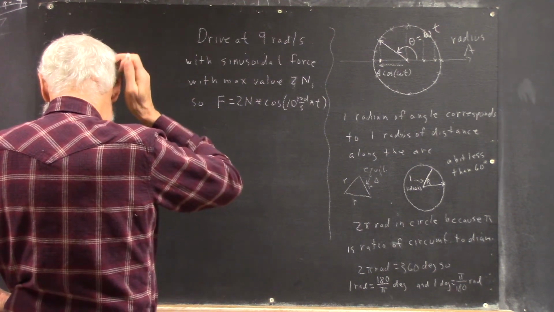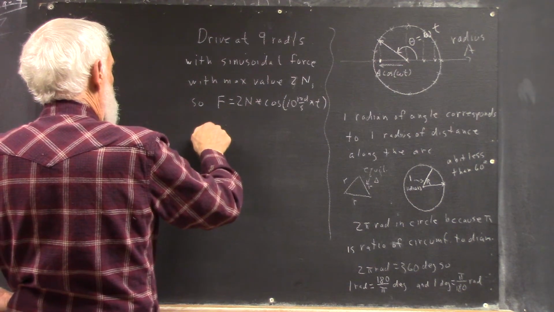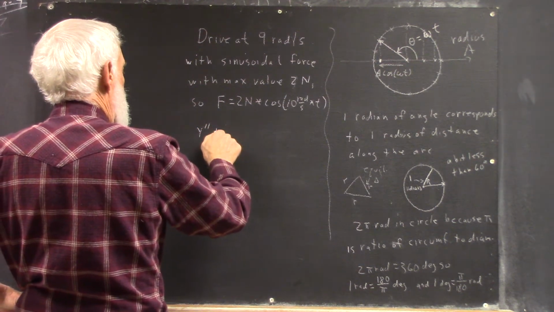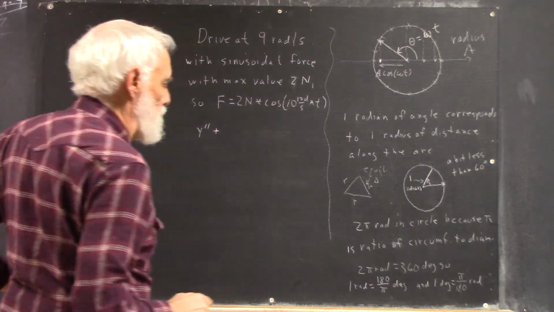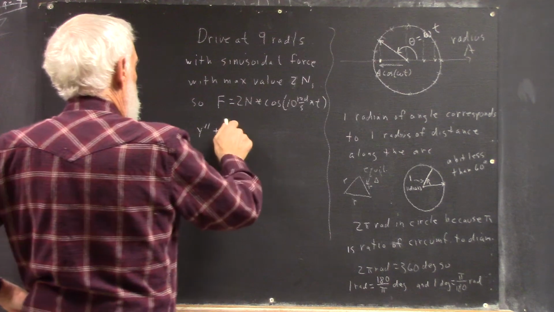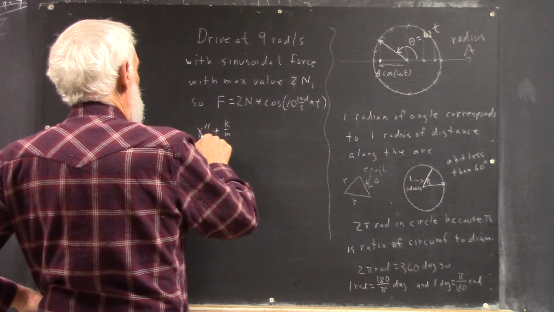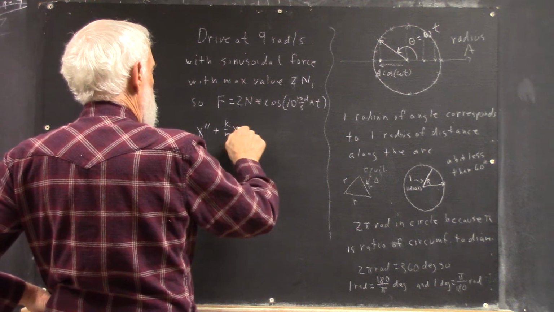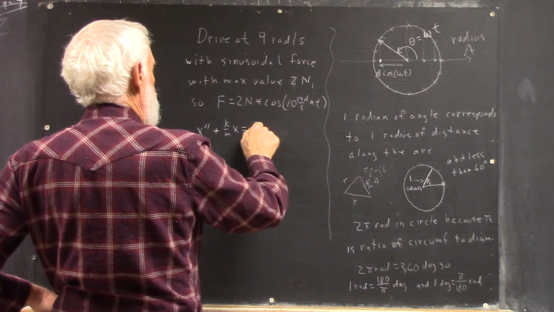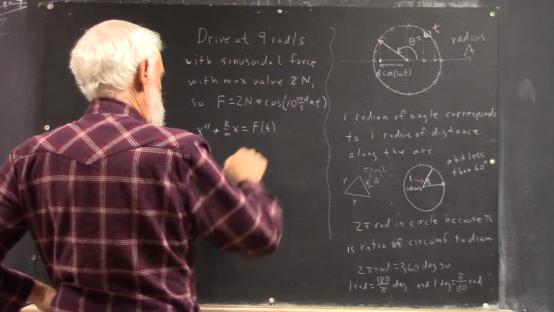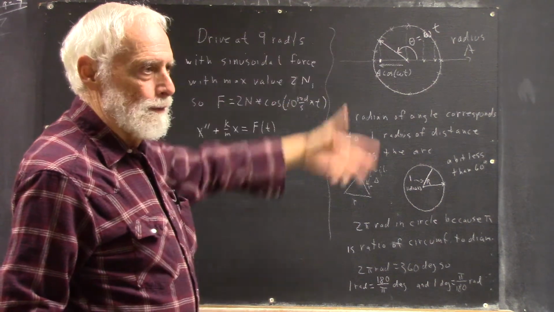Okay. So our equation becomes y double prime plus, well, I'll write it out here, k over m. Now I'm using y, would have been using x, so I'm going to use x. Okay, we know that the square root of k over m is 10 radians per second.